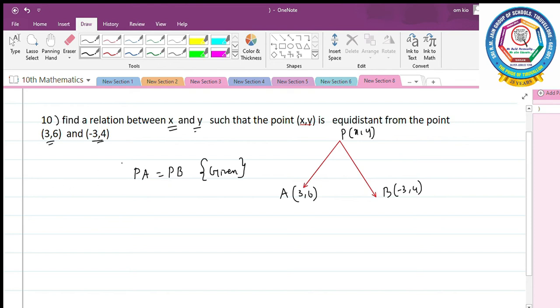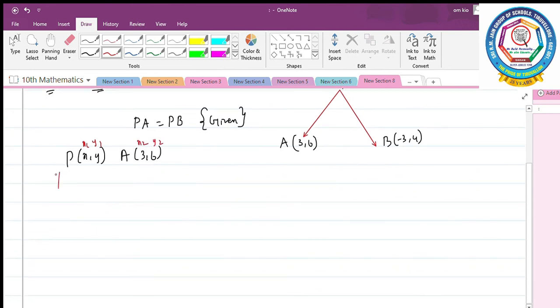So I am going to find out the PA distance. What is the P coordinate? P of x comma y. Then what is the A coordinate? 3 comma 6. Here I am going to take this as x1 y1 and this as x2 y2. If 2 points are given, what is the distance formula?